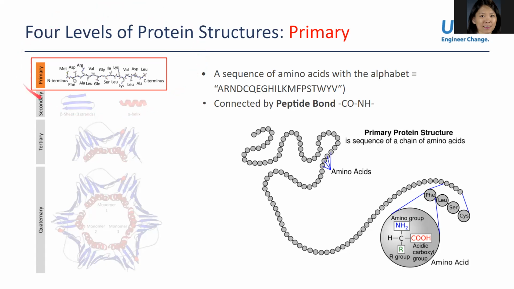Because of the difference in shape, the side chains may have different chemical and physical properties. Some of them like water, some really repel water, some have a slightly positive charge, some a slightly negative charge, and some are more acidic. There are different properties, all because of the side chain difference, which is our R part.